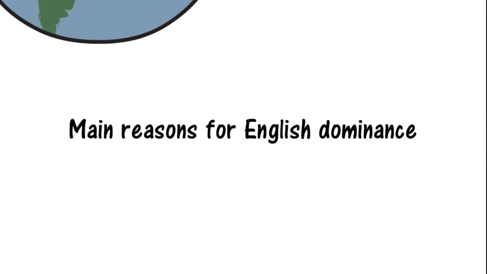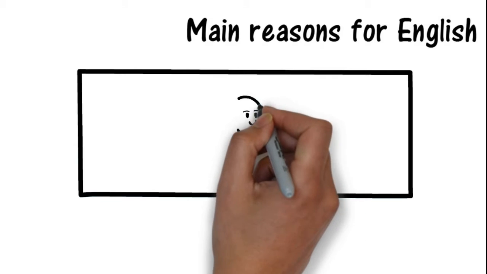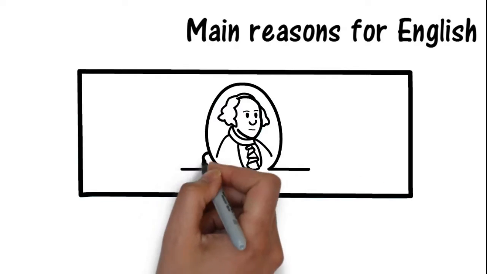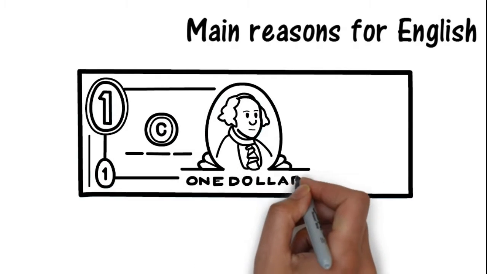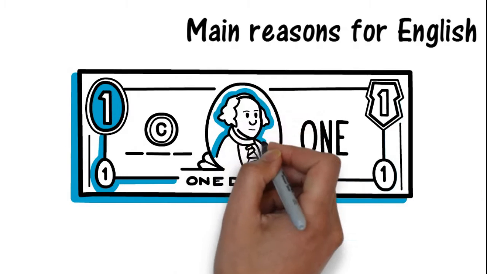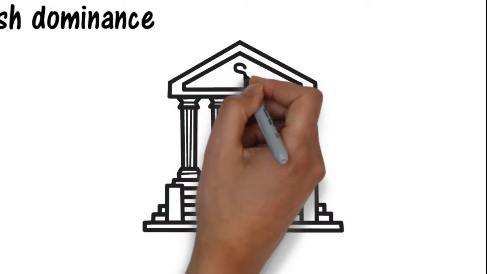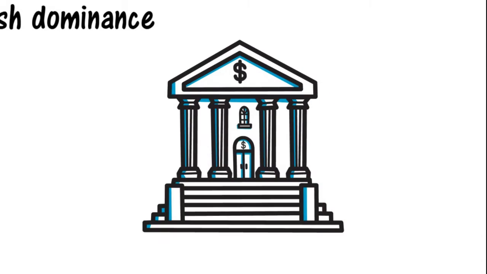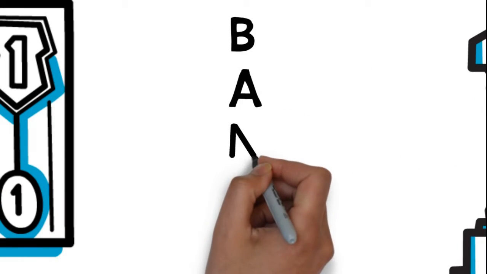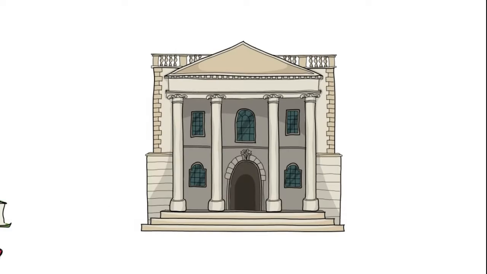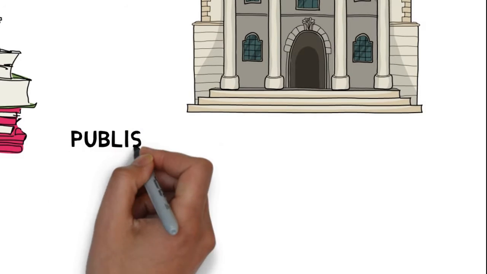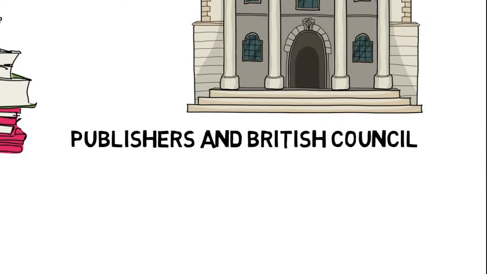The main reasons for English to be a globalized language and a dominant language is because of political and economical power, as banks, publishers, and even the British Council were the main influencers of English becoming a globalized language.